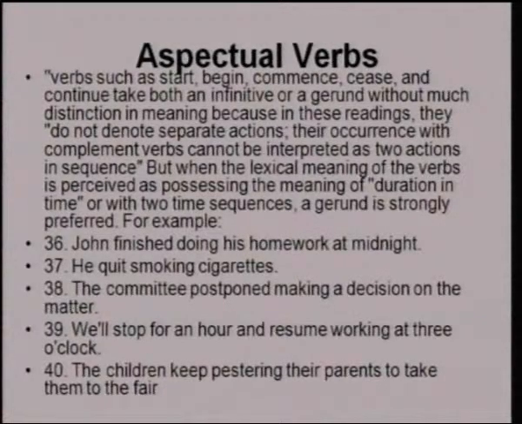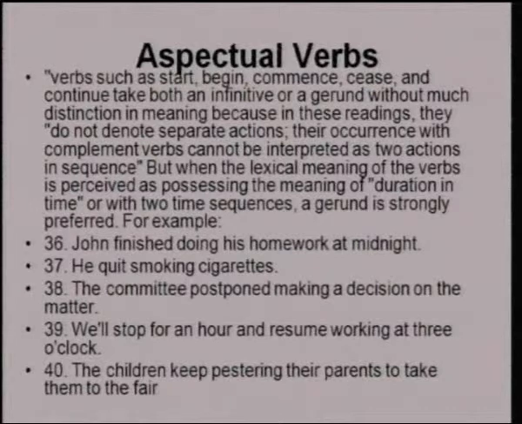So we have some verbs which refer to duration of time, that end with what is called termination. These verbs which have this meaning only accept gerund. John finished doing his homework at midnight. We cannot say John finished to do his homework. He quit smoking cigarettes.